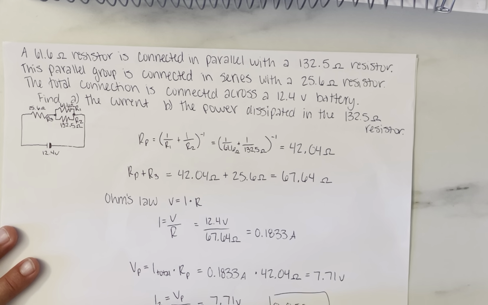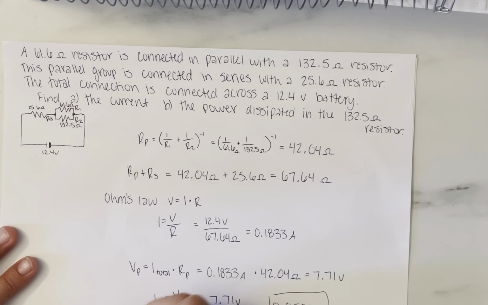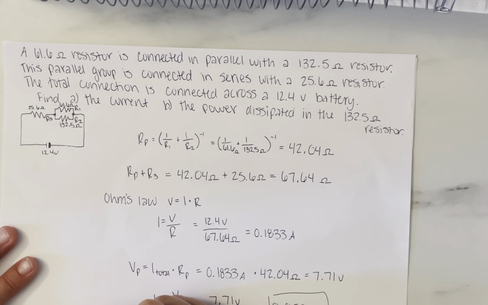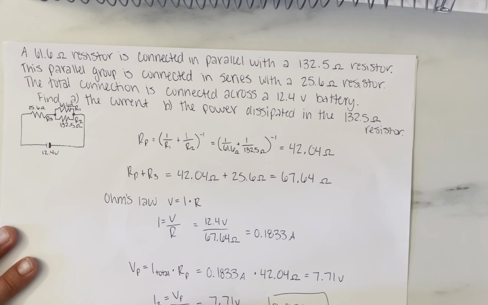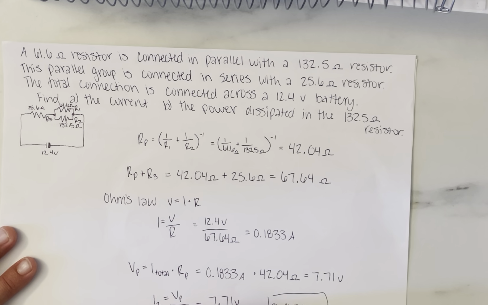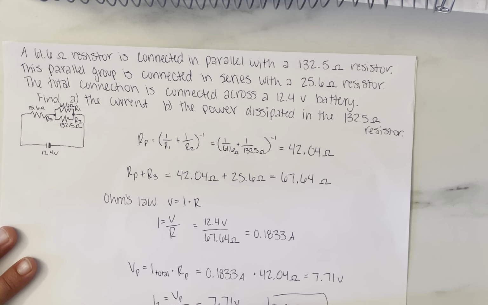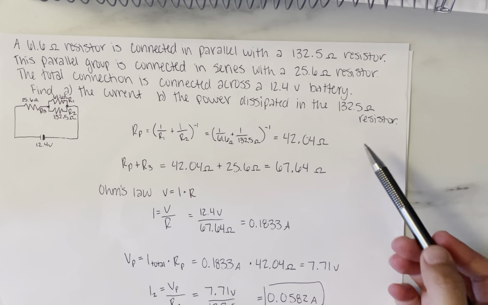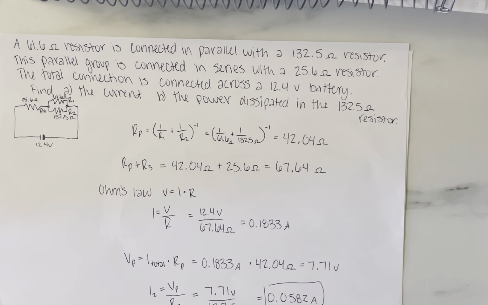And we can plug in the numbers that we know, to say that the power of R2 is going to equal 0.0582 amps squared, multiplied by the 132.5 ohms, which is going to give us a power of about 0.448, and that's going to be in watts. And that's going to be our answer for the power dissipated in the 132.5 ohm resistor.